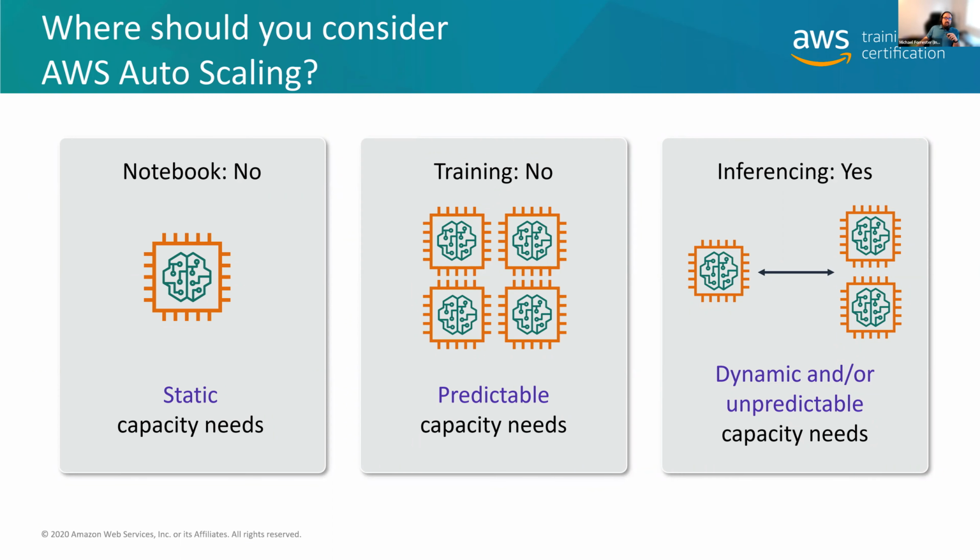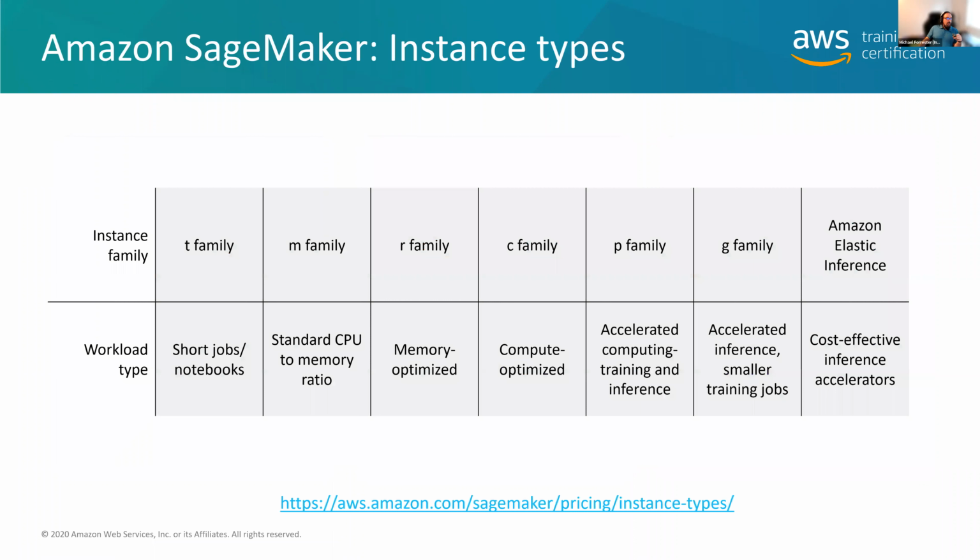But in production, especially when your access patterns are unpredictable, auto scaling could be very useful for inferencing. This is where this whole concept of which family do I use makes a lot of sense.